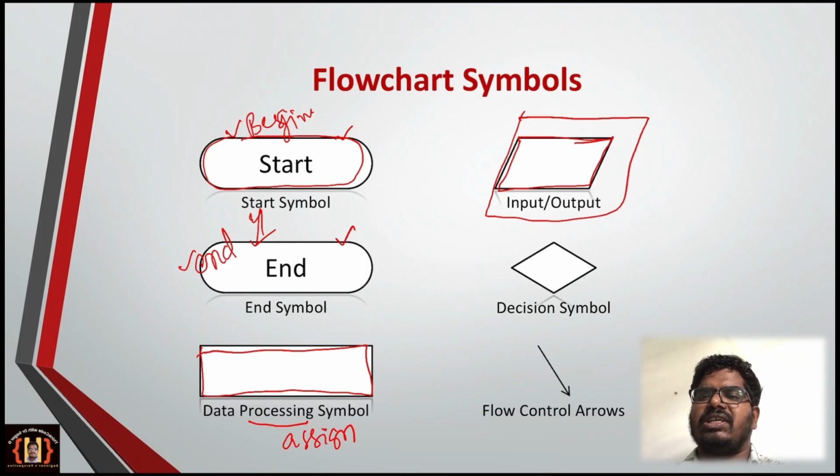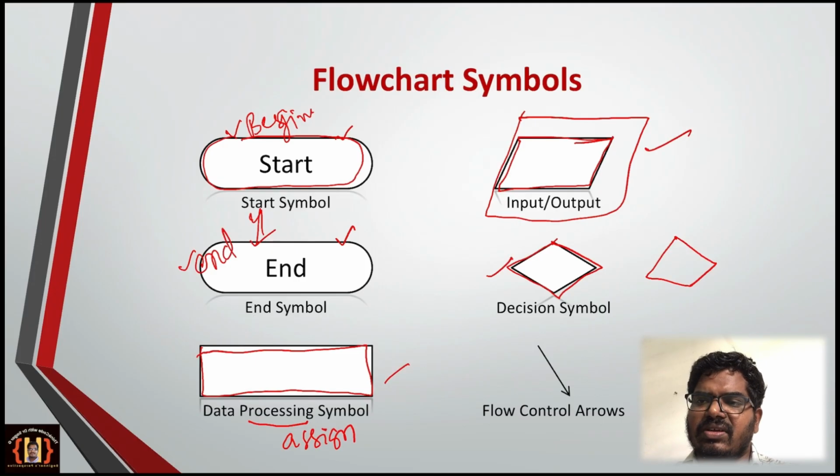Okay, this is the processing symbol. And the diamond symbol is basically used to represent a decision. Whenever you are taking a decision, you need to use the decision diamond symbol, right? So as I said: input, output, assignment, and decision.